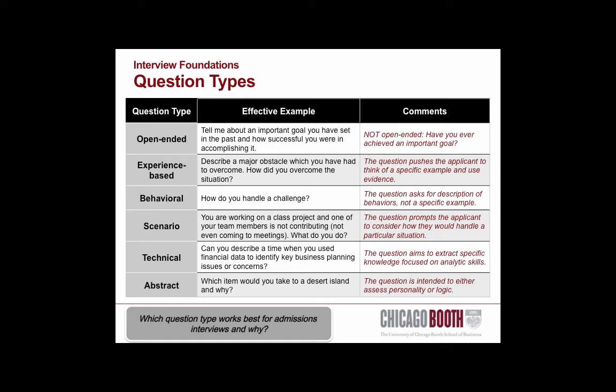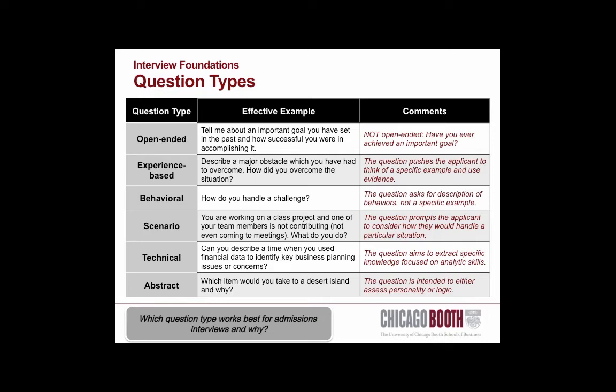If I targeted that characteristic, I might ask a question such as, describe a major obstacle which you have had to overcome. How did you overcome that situation? In that type of question, I'm really pushing the applicant to speak of a specific example, use evidence, talk about their actions, but it's tied to a particular characteristic.